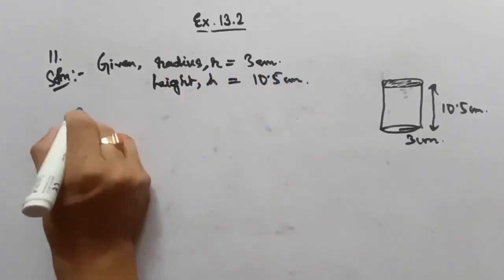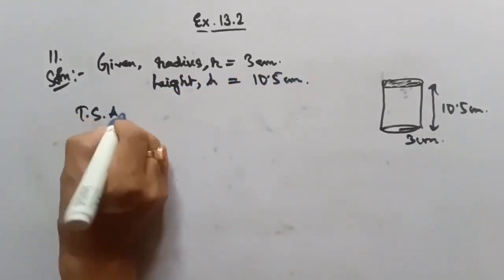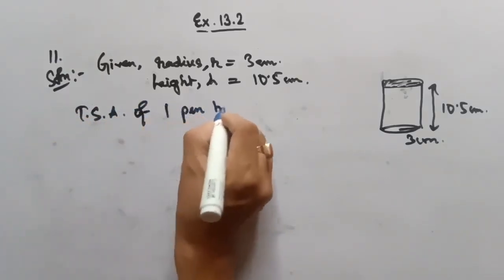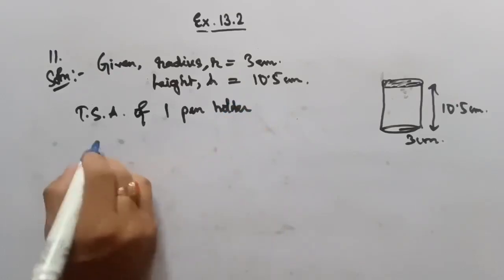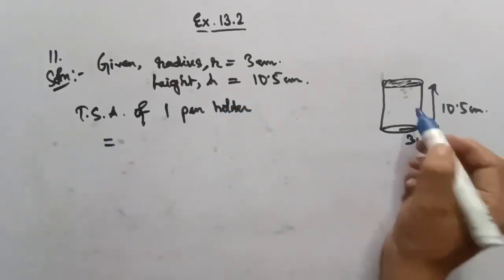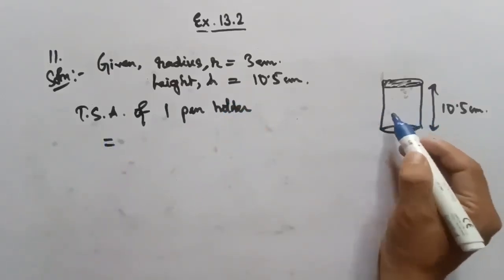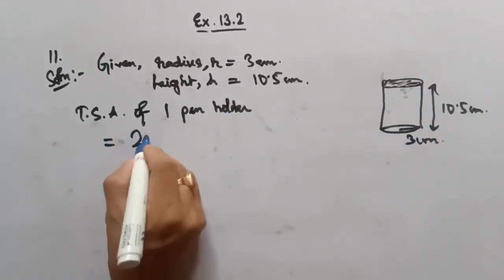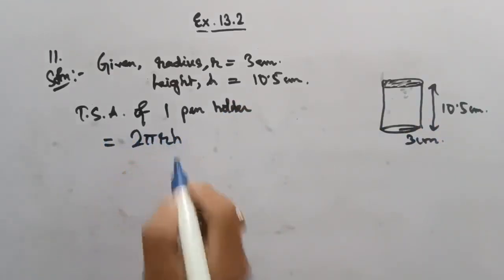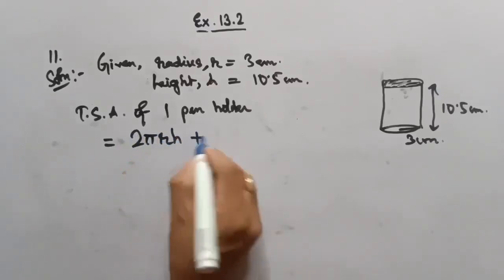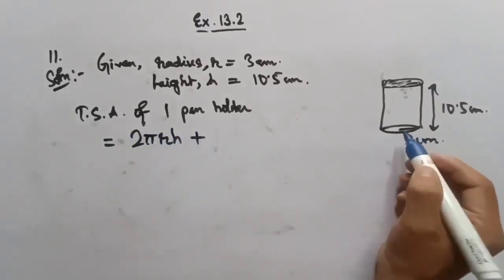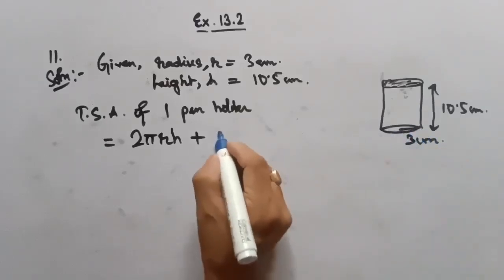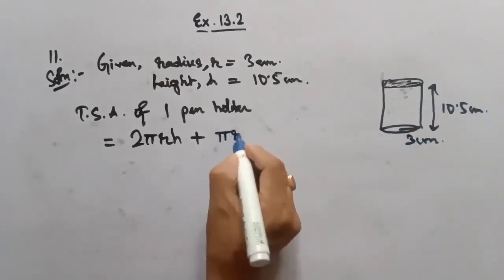Let us first find the total surface area of one pen holder, which is equal to the curved surface area, given by 2 pi r h, plus the area of the base, which is in the form of a circle, that is pi r square.